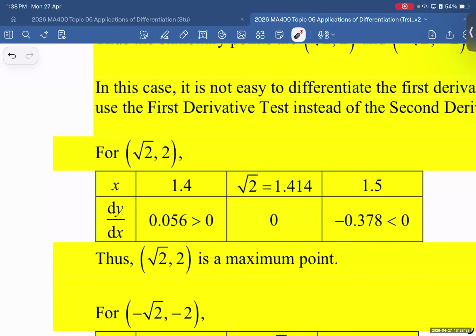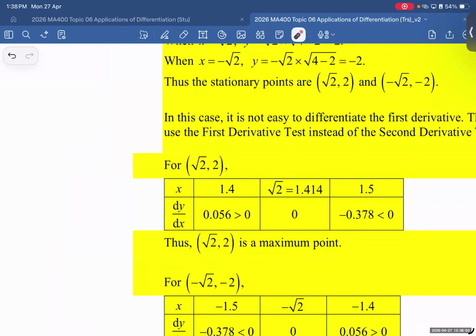So if I look at the curve, this is your dy/dx. Emily, you've gotten this right. Then you see this is always positive. This is always positive, right? This one depends.